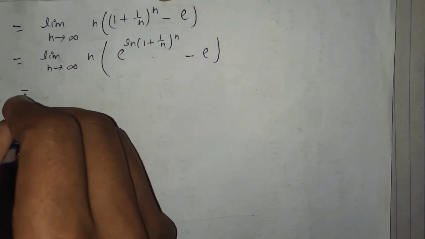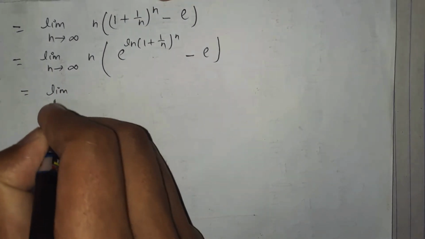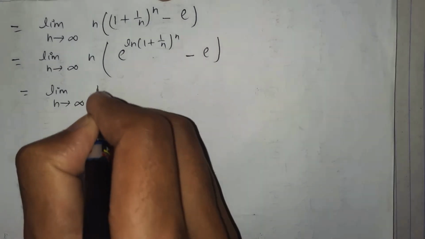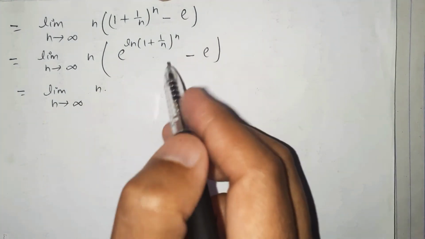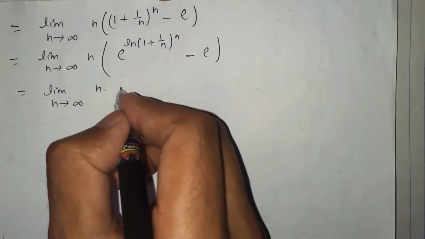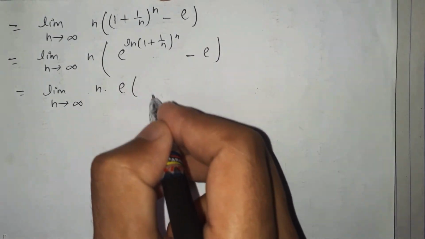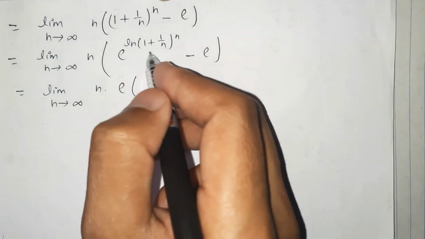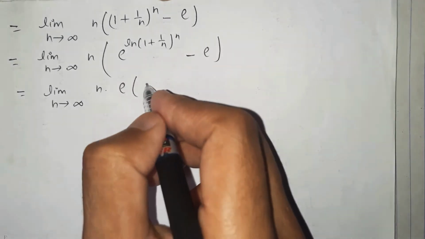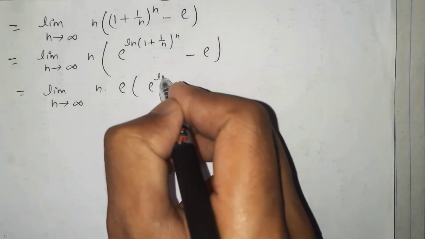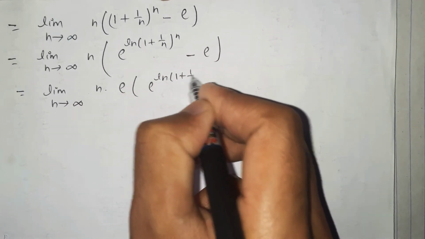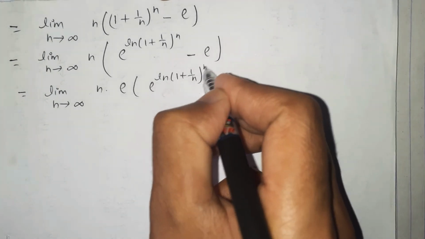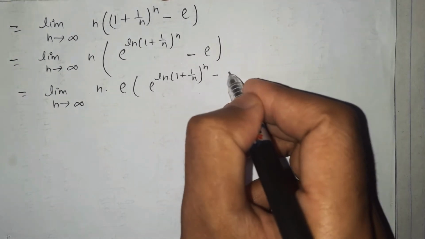And limit as n approaches infinity of n times. In these two terms we can take e as common, but there is only a single e present. We can write this expression as e raised to the power of ln of (1 plus 1 over n) raised to the power of n, minus 1.